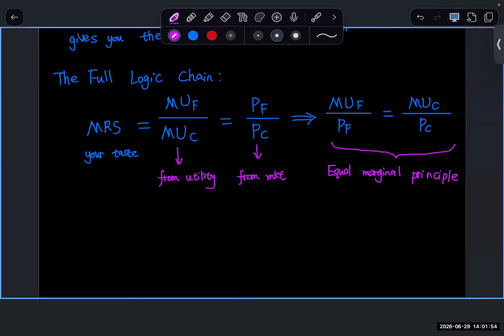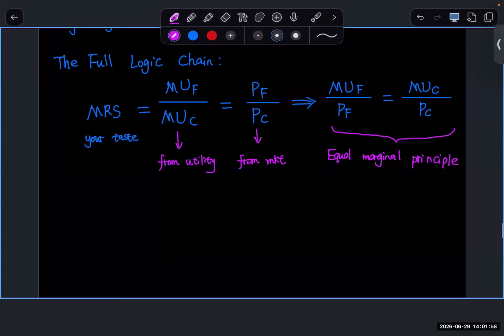But in general, if we talk about goods X and Y, MRS equals the marginal utility from consuming additional X over the marginal utility from consuming additional Y, okay?